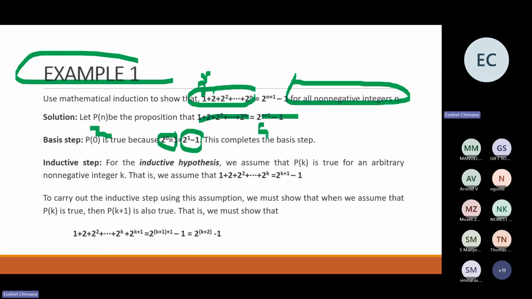Is it 8? Then 8 minus 1, you are going to get a 7. I'm sure some of you will get confused by getting this result of 7, yet if you try 2 to the power 3, you get 8.